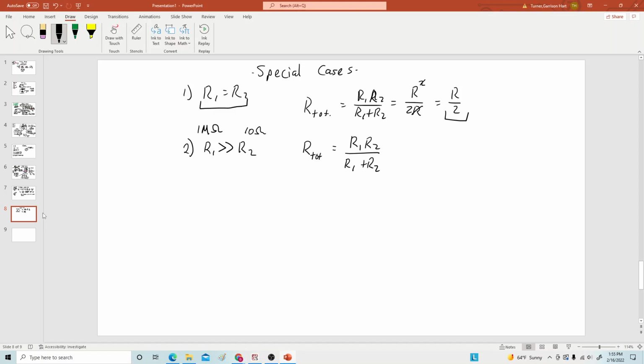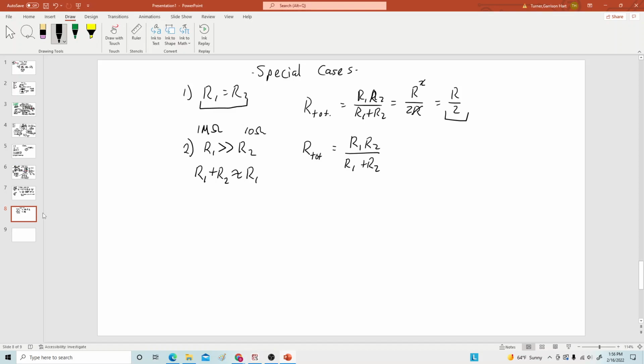Well, in the case that R1 is much larger than R2, then the sum R1 plus R2 is just going to approximately be R1. If I have 1 million ohms in one resistor and I add 10 ohms to it, it doesn't really add all that much. It's far less than 1%.